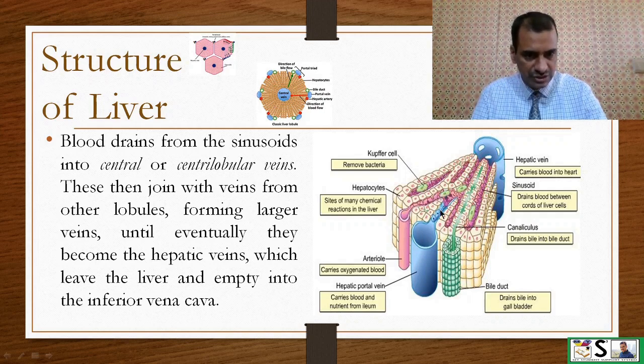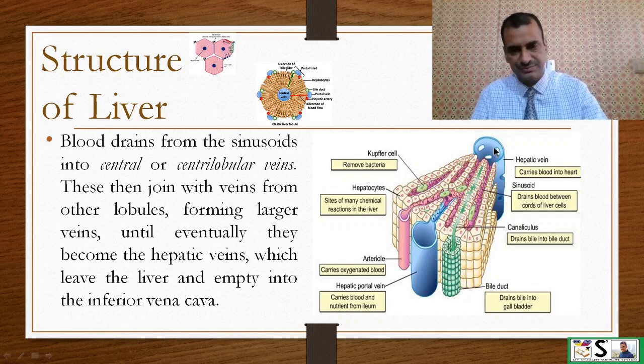Eventually this blood unites here in the sinusoids and passes towards the central hepatic vein, and during this process the exchange of nutrients and oxygen takes place, and here in the bile canaliculi the bile is formed and collected in the bile duct and blood is drained in the hepatic vein.